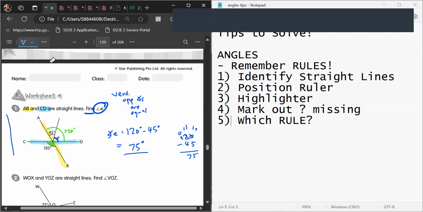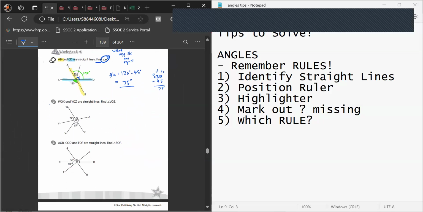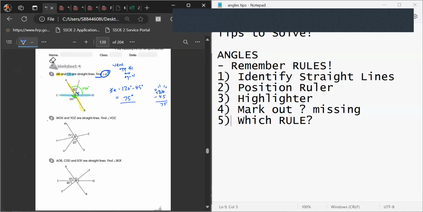Okay, then the next step is being able to identify the lines and the angle that's mentioned.